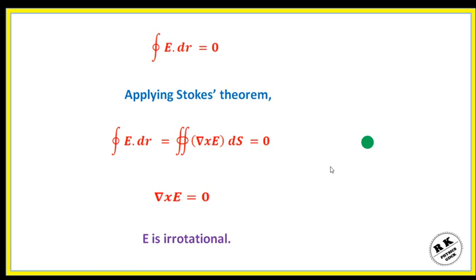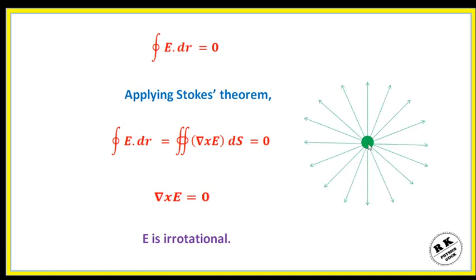Now this is a diagram. It doesn't show exactly, it is shown just to have an imagination. Let this charge be creating an electric field here. The electric field is acting radially outward.